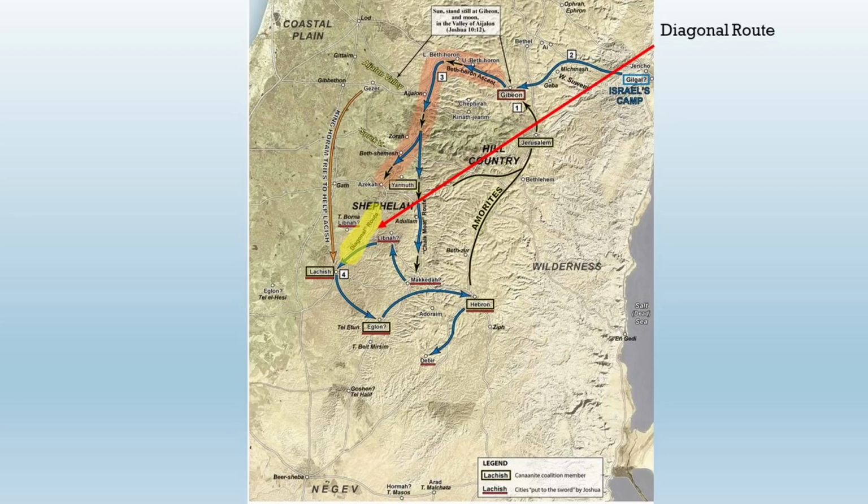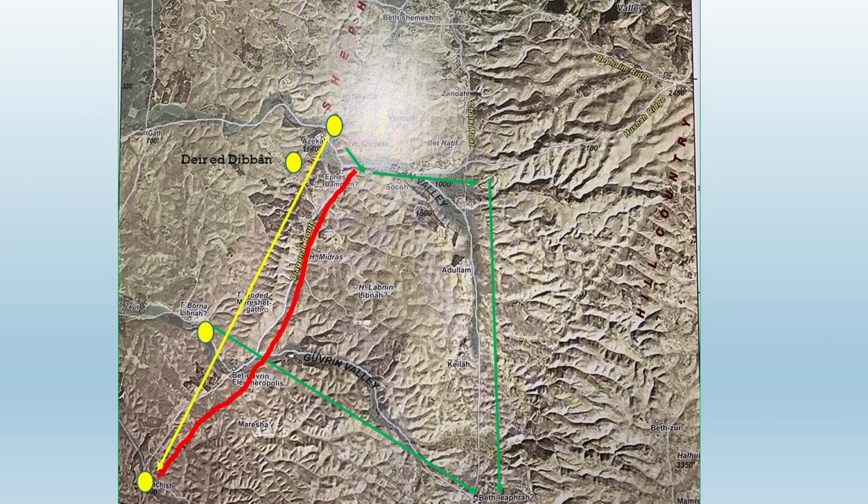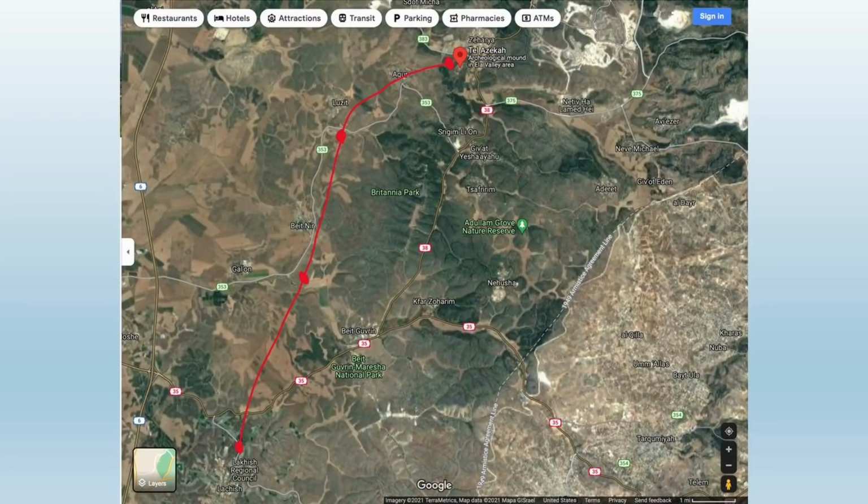And there's not evidence at Diban. It could be a tell in the area. And then it gives you an idea of what it might look like. So it'd be a straight shot. And the red line is the actual, just kind of following the valley. And then I just put the straight line there to give you an idea of the distance. There it is again.